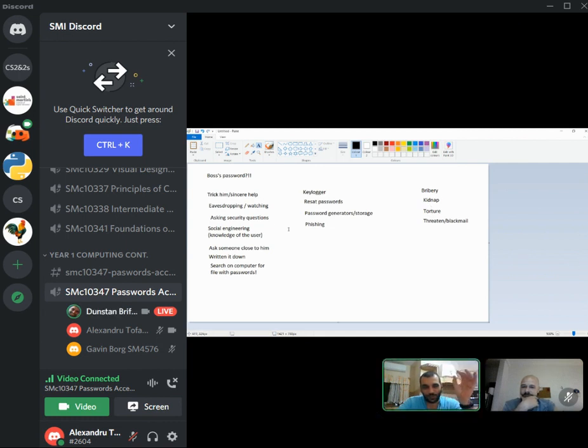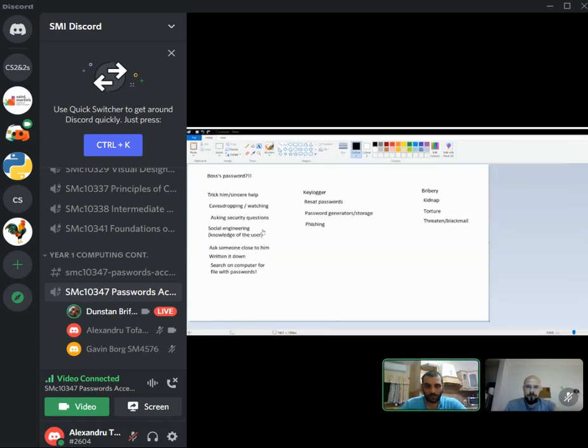The thing is that when we're looking at trying to obtain something like a password, we notice that there are simple things which we can do without any particular knowledge. We don't really need particular technical knowledge.